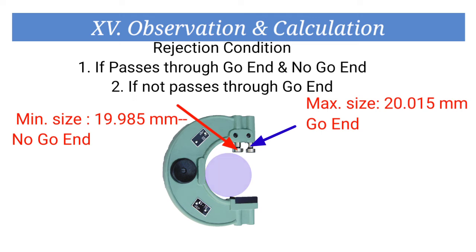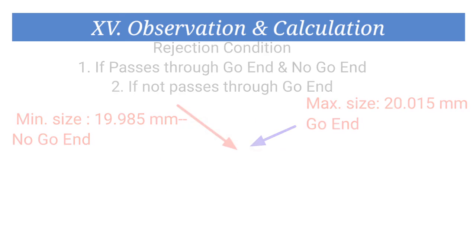If the component does not cross the go side, meaning it does not enter the snap gauge, then again we have to reject it. The acceptance condition for a component is that it should pass through the go side and not cross the no-go side.